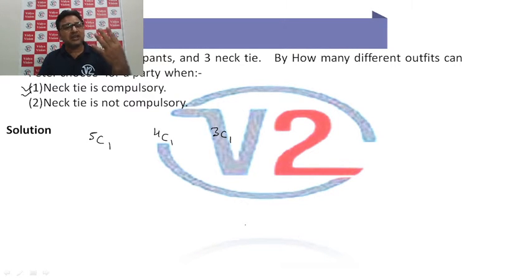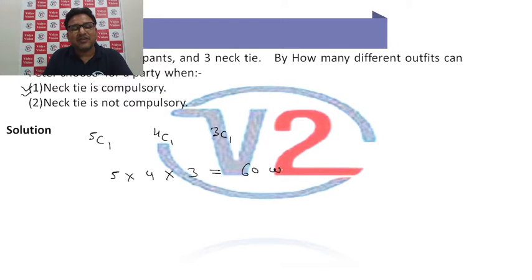So it becomes 5 into 4 into 3, that is 60 ways. Peter can choose the outfit by including the tie in 60 ways. This is the first solution.